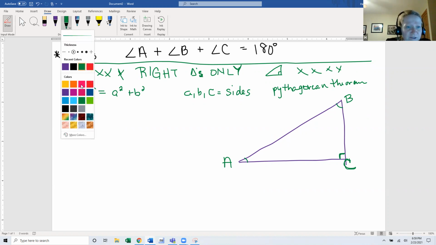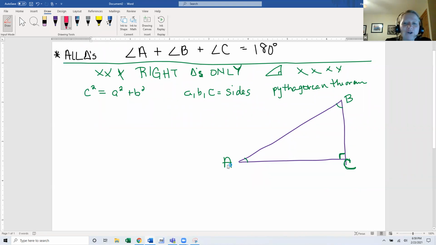So let me get a different color. So the side that's across from angle A, or the way I think about it, the side that is created by angle A, right? Angle A is this side and this side. So the projected side that's across from angle A, we're going to call little a.